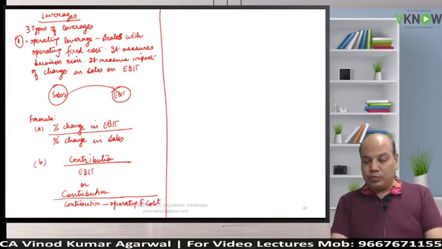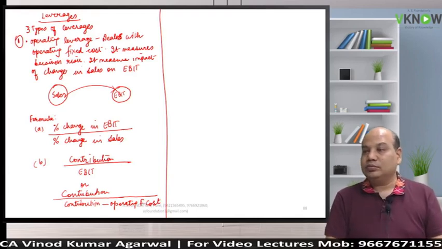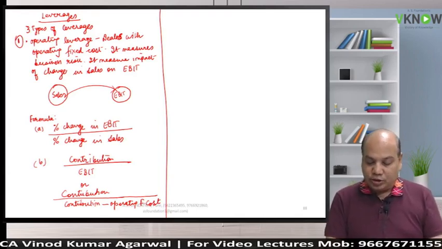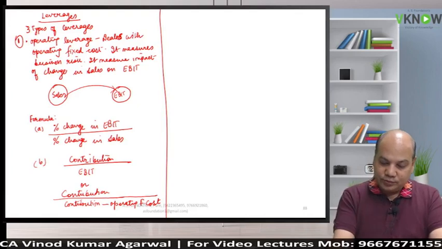So sometimes you have to find some missing figure, so you should know what is EBIT: contribution minus operating fixed cost. Is it right?